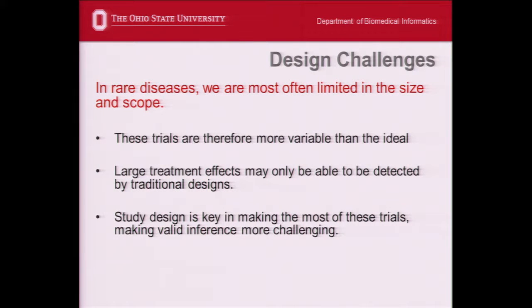Because we're limited in how many patients we recruit, we may only be able to detect some kind of effect that's larger than what we would typically consider a clinical threshold. So we might need to consider something a little bit beyond what more prevalent diseases would expect to be designed for in terms of clinical effect size.